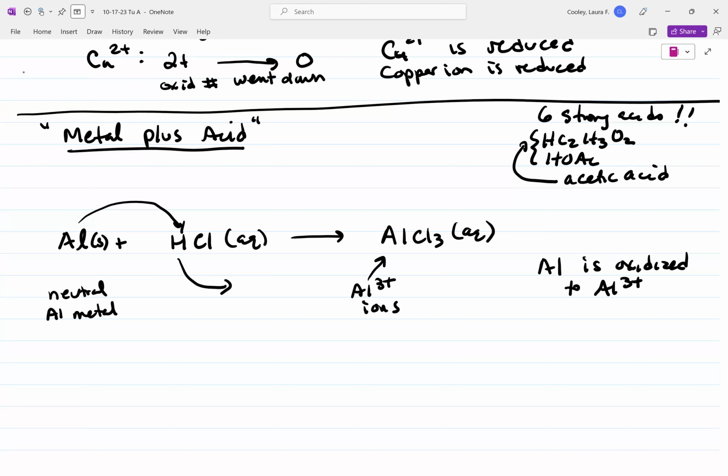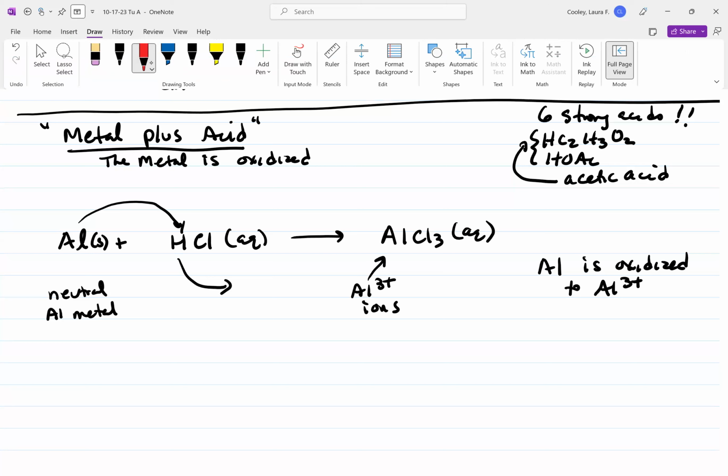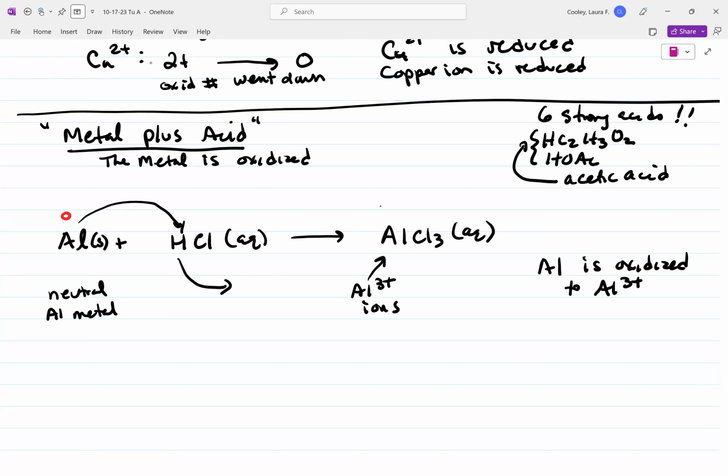So the metal is oxidized. Okay, and let's write the oxidation numbers. When you write an oxidation number, it's just for one atom. So oxidation number here is 0. Here it's +3. Okay, so you could see it's oxidized. The oxidation number goes from 0 to +3.